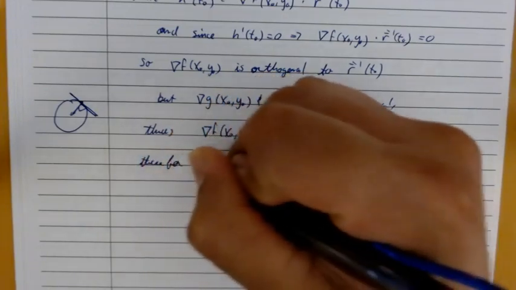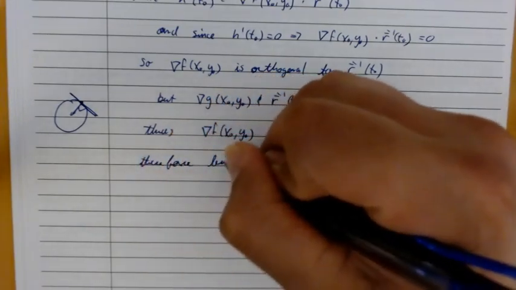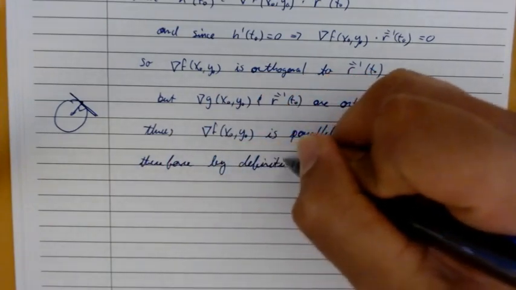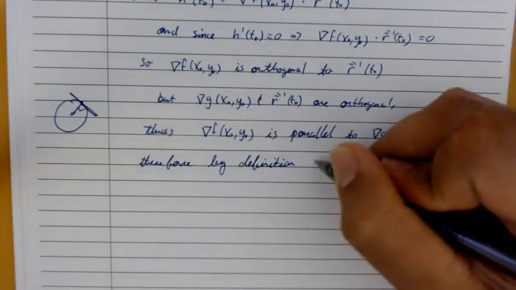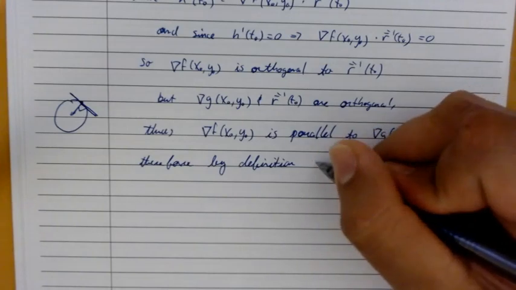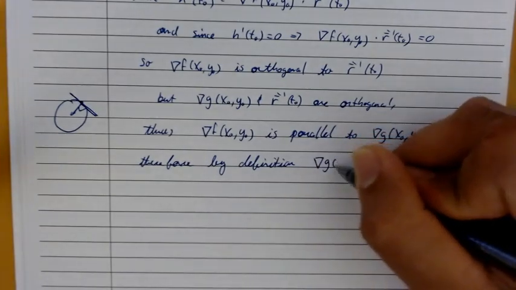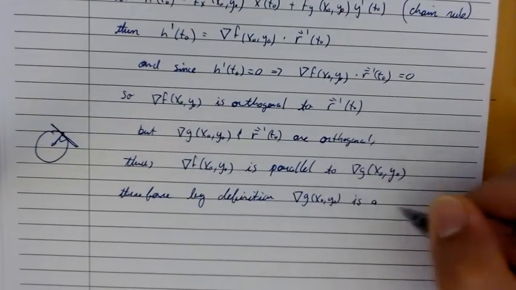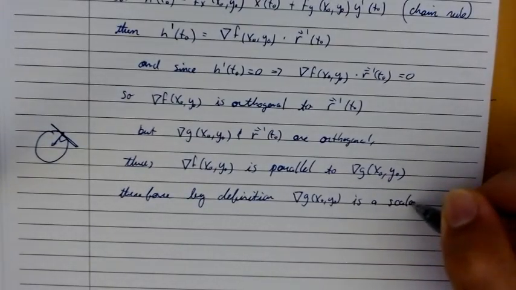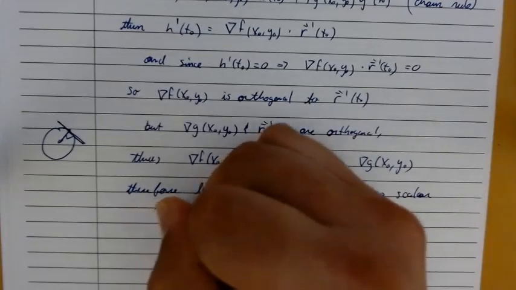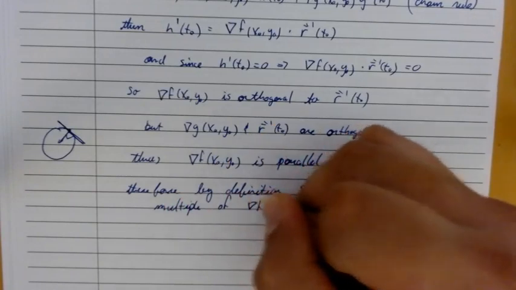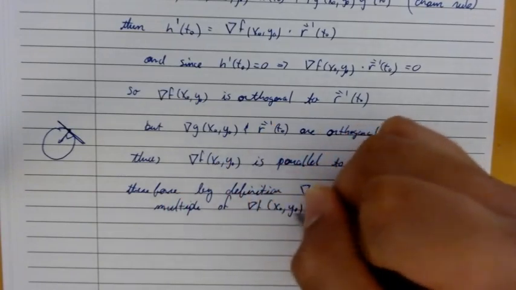Therefore, by definition, the gradient of g at x naught comma y naught is a scalar multiple of the gradient of f at x naught comma y naught.